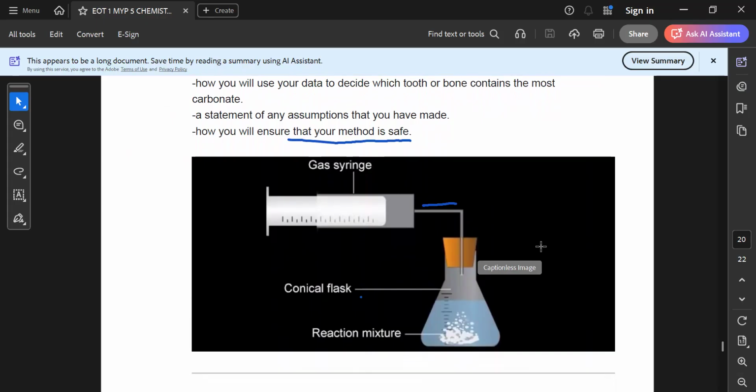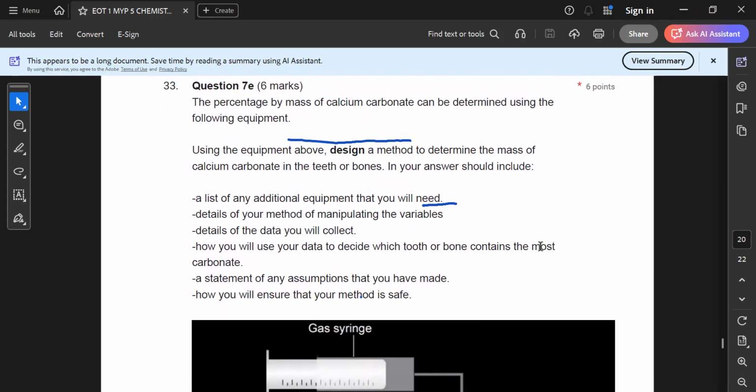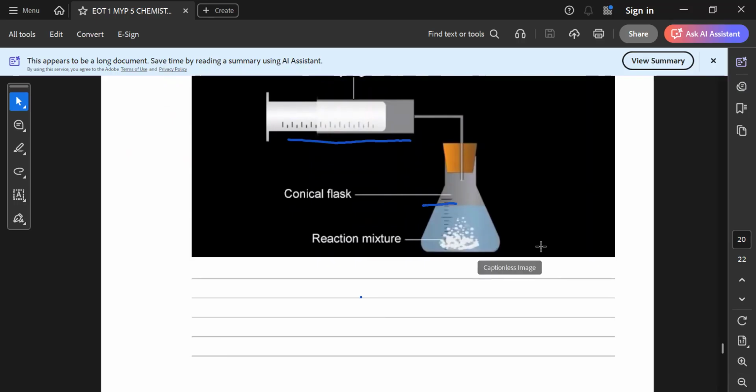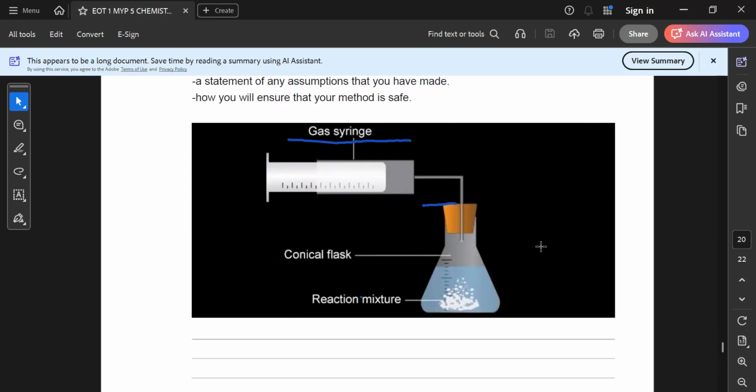Therefore, you need a weighing scale. You just mention weighing scale, comma. Of course, there is a liquid you are putting here, which is an acid. Therefore, you will need to use a measuring cylinder. That becomes an additional equipment. That is how you mention it, and you're done.